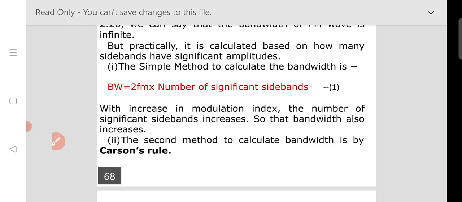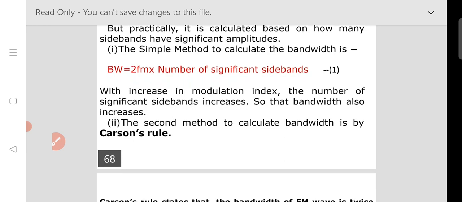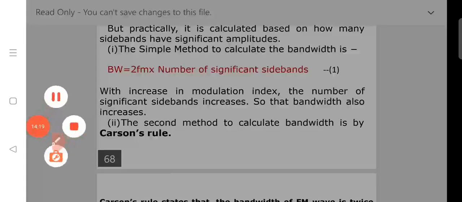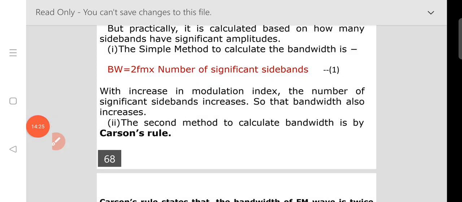With an increase in modulation index, the number of significant side bands also increases. I already told, modulation index less than unity is considered narrow band FM, and greater than unity is wideband FM. As the modulation index increases, the number of side bands increases.